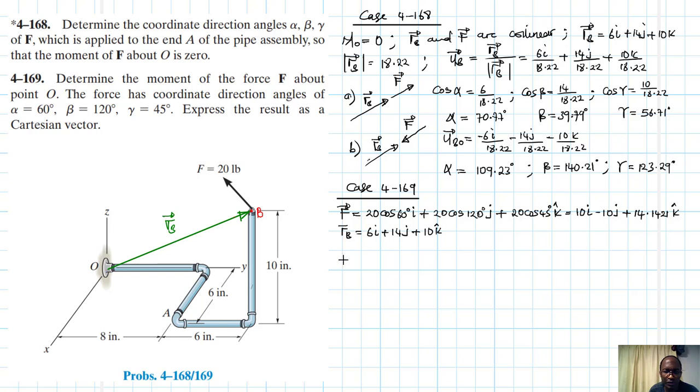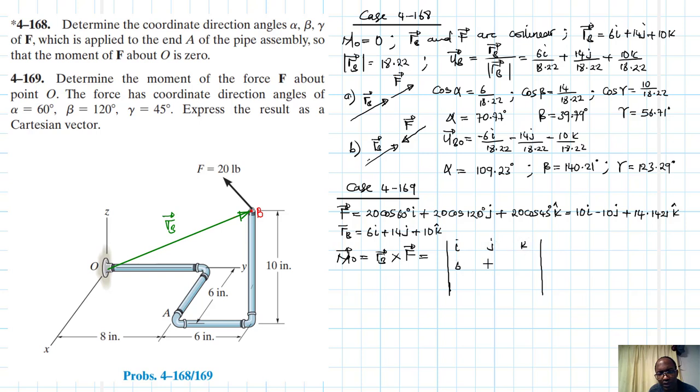So using the vector expression, we have RB cross F, let's plug it into our user-friendly tool, ijk.